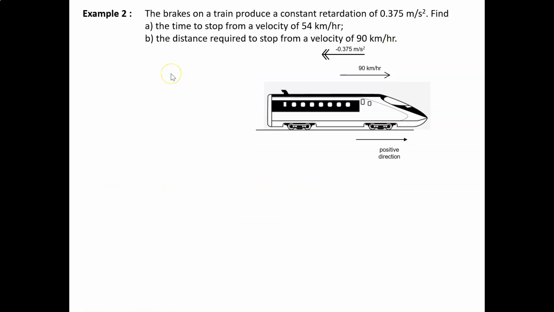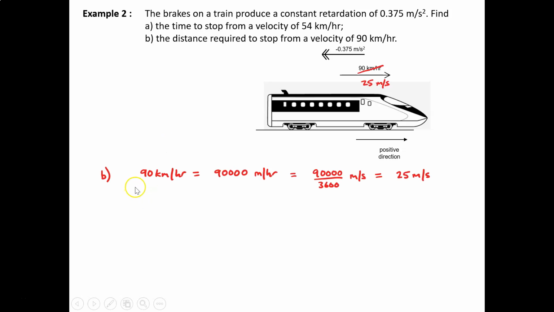Part B. The distance required to stop from a velocity of 90 kilometers an hour. So 90 kilometers an hour we have to change again. Therefore 90 kilometers an hour multiplied by 1,000 divided by 3,600 and we get 25 meters a second. So it's going to start at 25 meters per second.